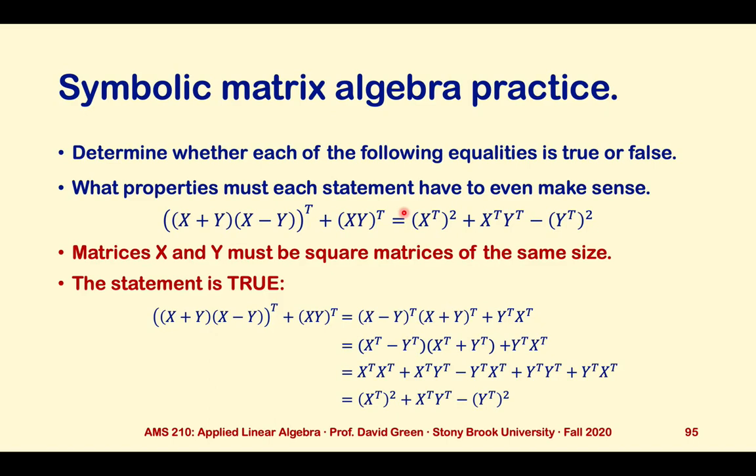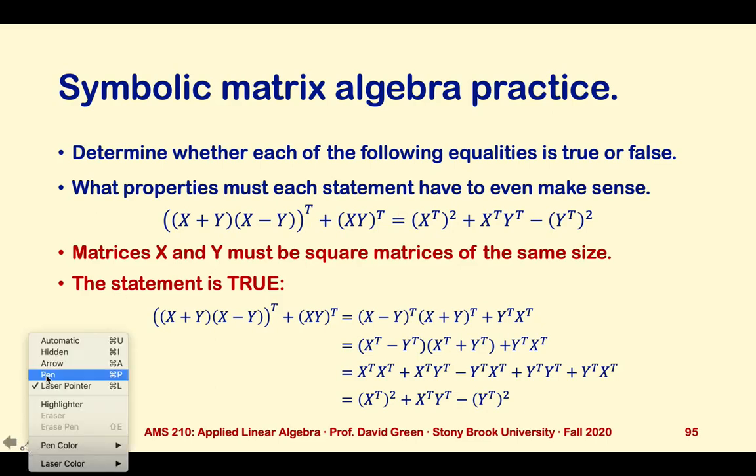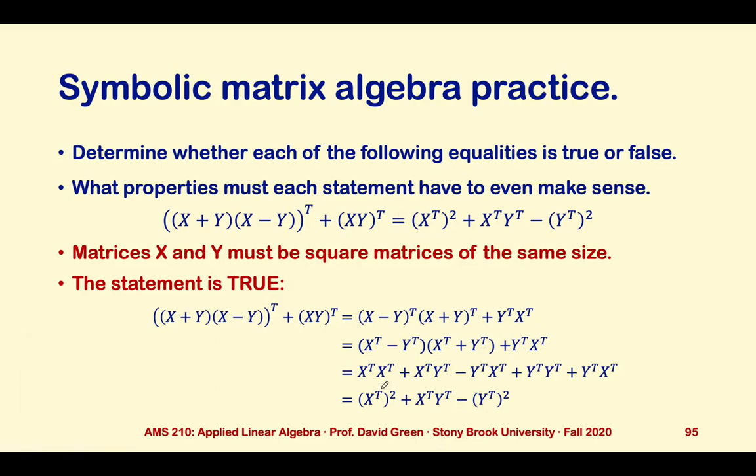How do we evaluate that? How do we determine that? Once again, we do the expansion and simplify. First thing we are going to do is we're going to distribute the transpose through these expressions.